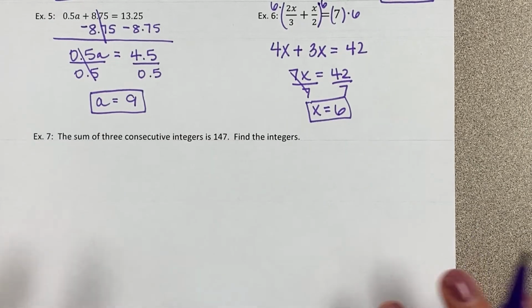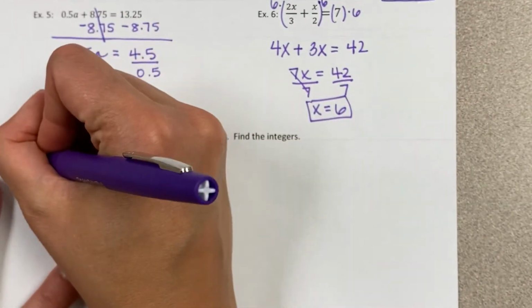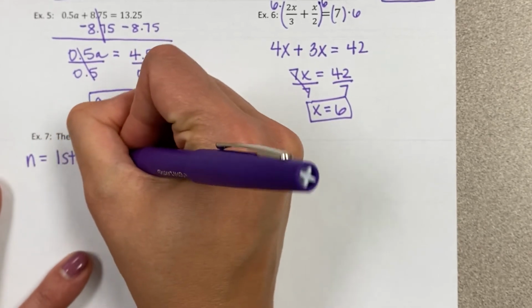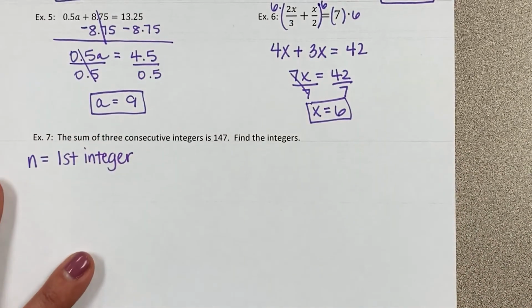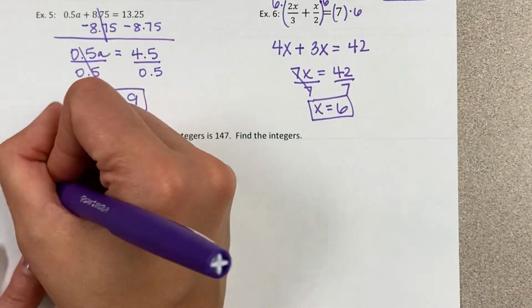All right, the last problem is kind of a word problem. It says the sum of 3 consecutive integers is 147. Find the integers. Okay, the main thing here is consecutive. That means 3 numbers in a row, okay? So if we have our first number, I'm going to say n is the first integer. That means if we take n and we add 1 to that, we get the second integer.